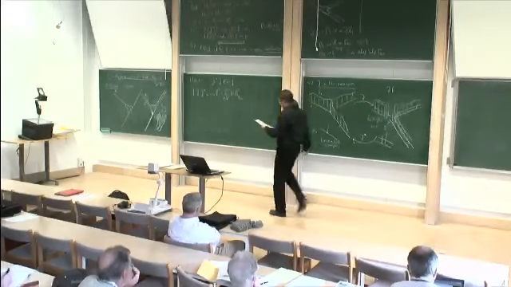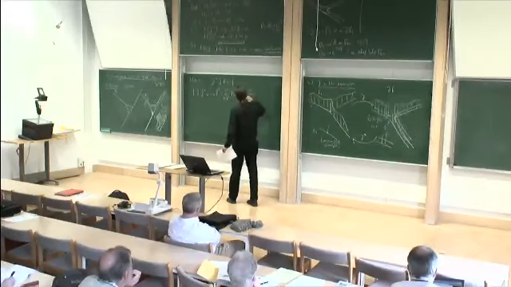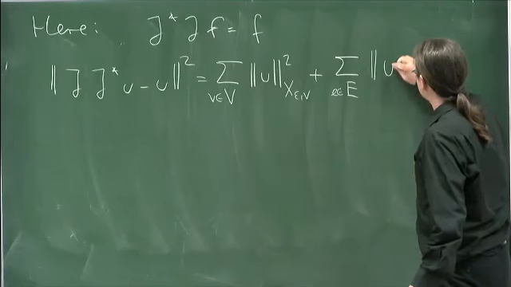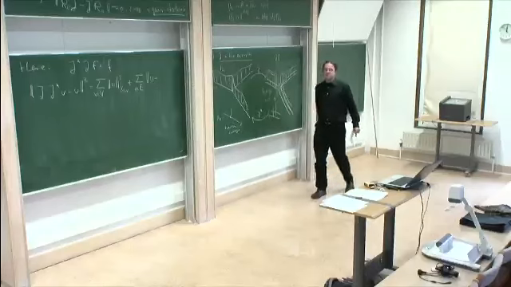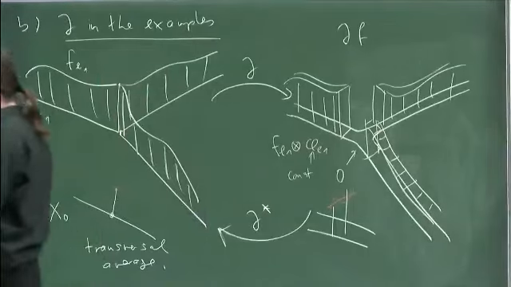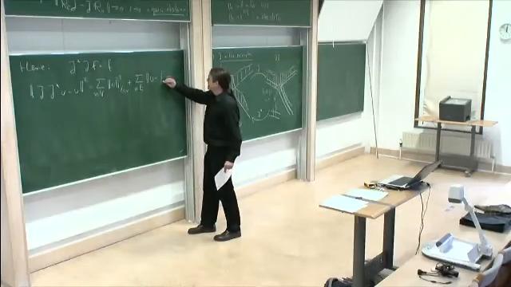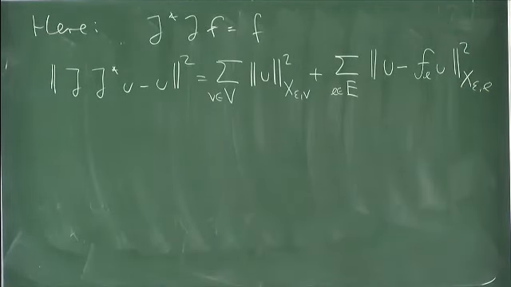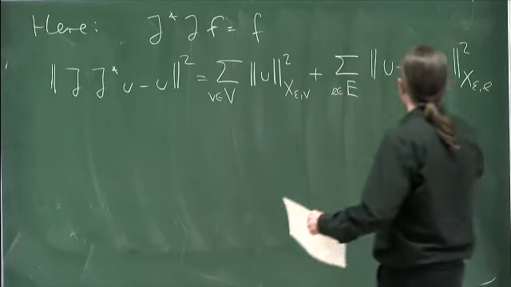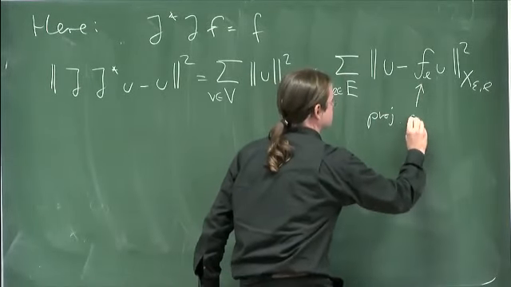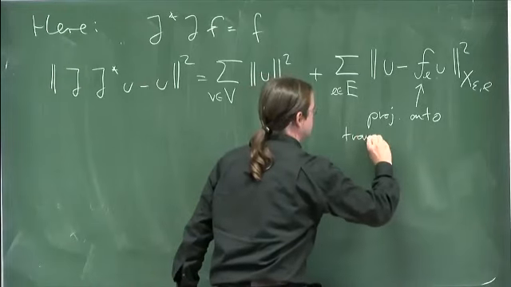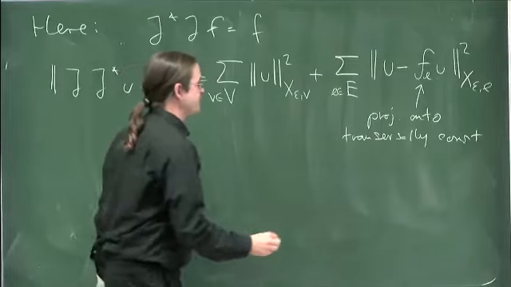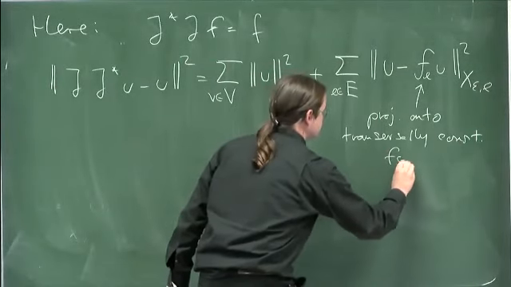And what's happening on the edges is just, well, you get u minus, because you project onto the lowest eigenmode, you have to subtract it here. Let me write it this way, just the average integral. This just means the projection onto the transversal constant function.